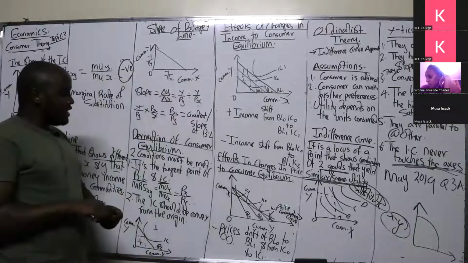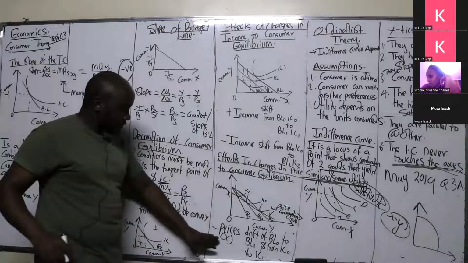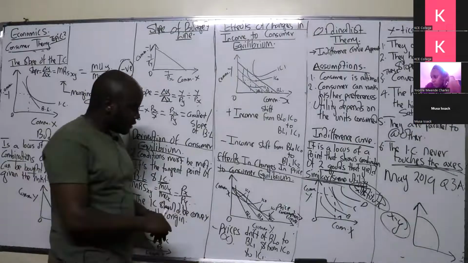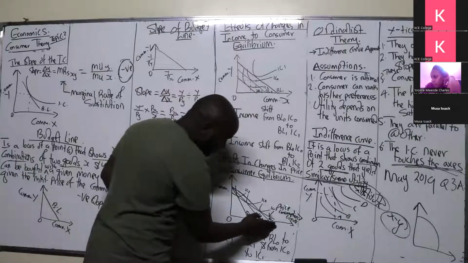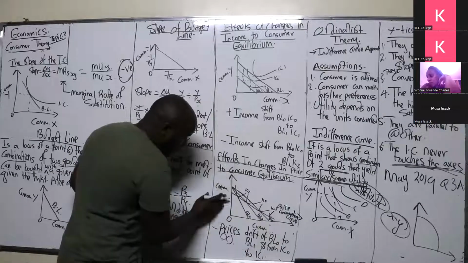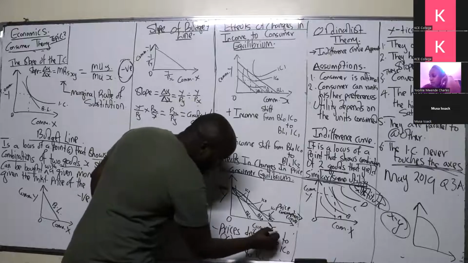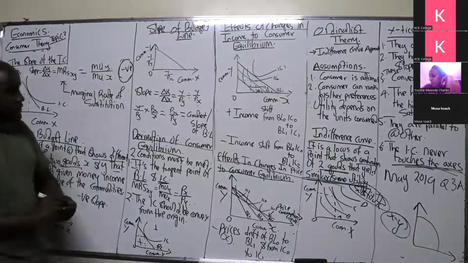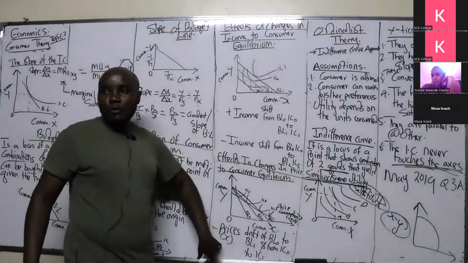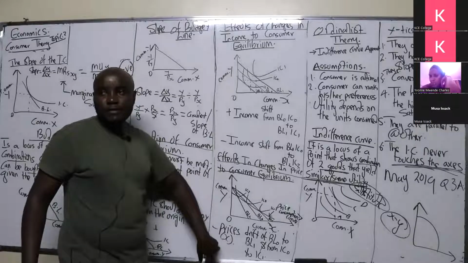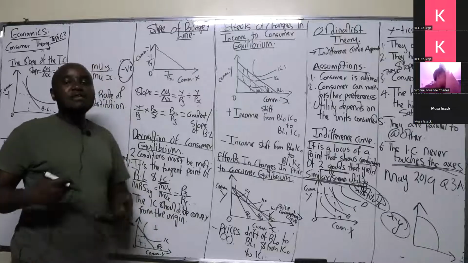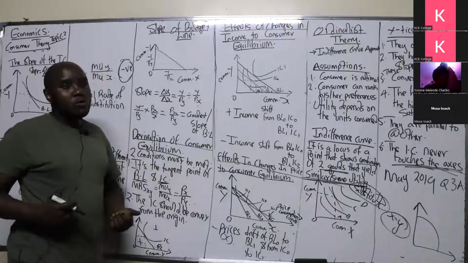We are saying that if we decrease the prices of X, people will tend to consume more of commodity X at the expense of commodity Y. This is Y, this is X. The marginal rate of substitution, how people are willing to substitute X in respect to Y, will be more willing.